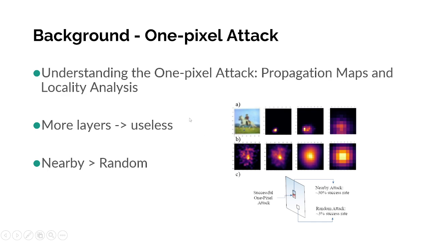So from this process, we can know why we can change just one pixel and change the final outcome of the machine learning model: because in every layer, the impact becomes bigger and bigger.